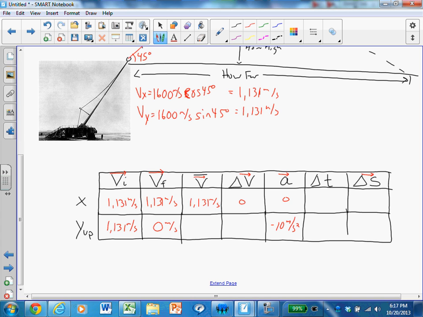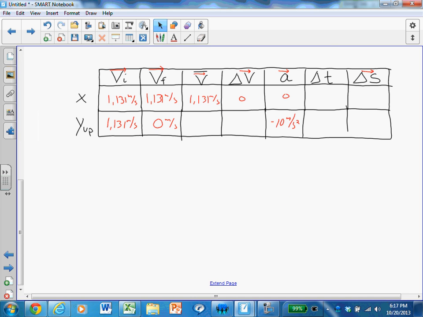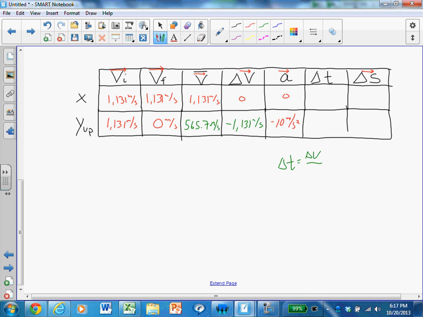So working in the y direction, we can find V bar by adding those two together and dividing by 2, which will give us 565.7 meters per second, and a delta V of minus 1,131 meters per second. Delta T is delta V over A, which gives us 113.1 seconds.